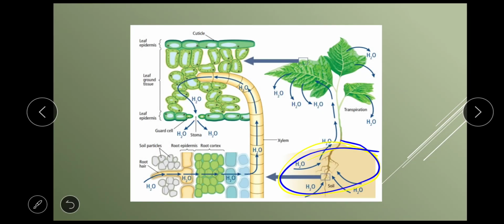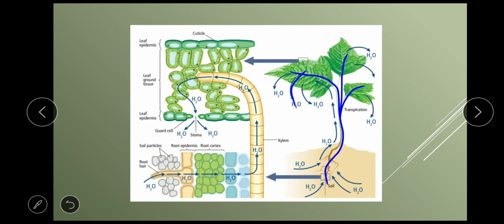Here you can see water is absorbed in the soil. Then the water is going slowly to the leaves. Water went into the leaves. From the leaves the water is going out. Going out means because of transpiration. Now, how is it going out?